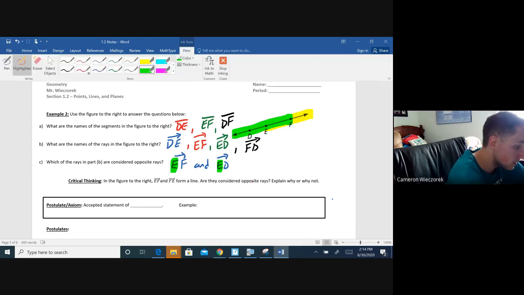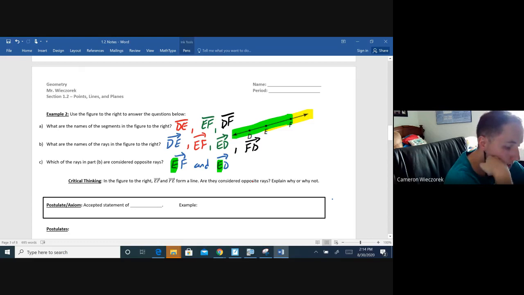So see if you can pause me for a minute and think about why those would not be opposite rays, even if they form a line. What condition is not met? Once you think you have it, press play again and we'll discuss. Okay, so the reason that they're not opposite rays is because they don't share the same endpoint.